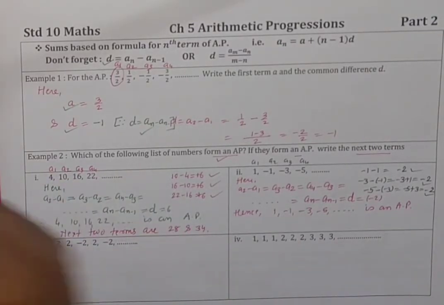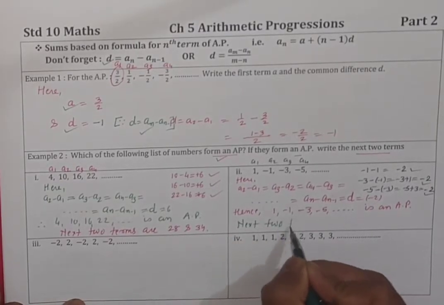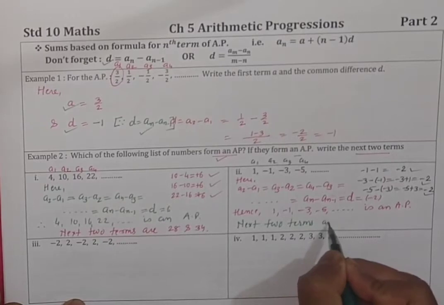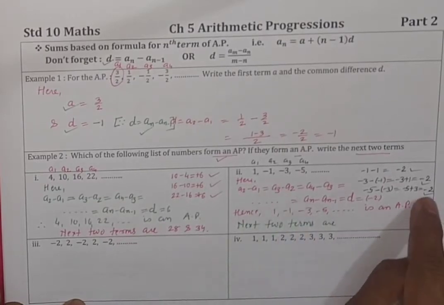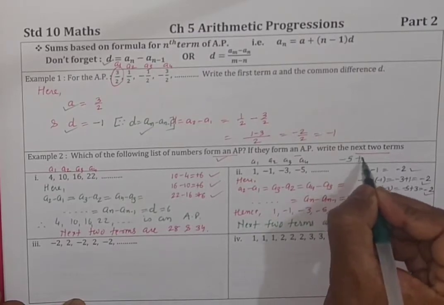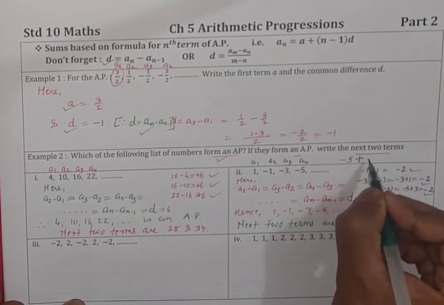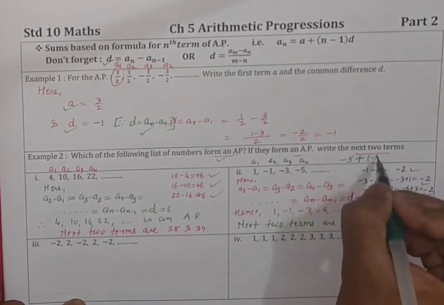Now you have to write the next two terms. Next two terms are, well, it's negative, so descending order. So minus 5, you have to add the common difference, correct? After that add, and what is it? Minus 2.